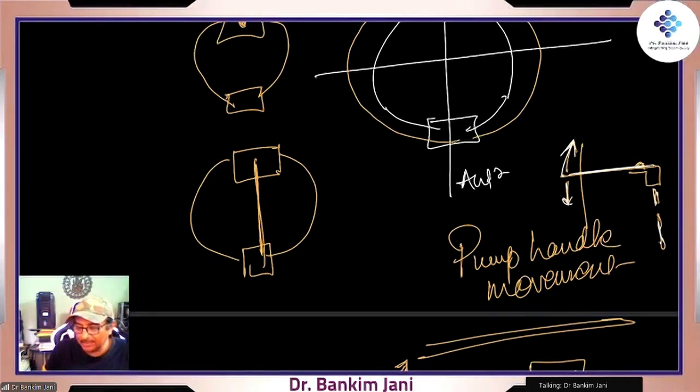The importance of this movement is that one end is fixed and the opposite end is going up. So the posterior part is fixed, and it is the anterior end which is moving. Getting it?